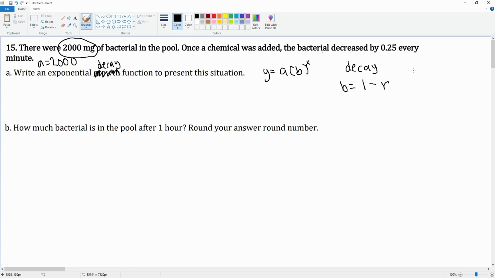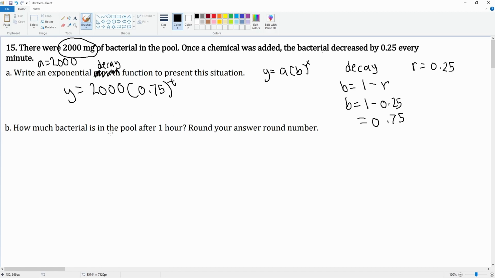We just need to know what r is. R, it is 0.25. Okay, so b is equal to 1 minus 0.25, which is just 0.75. That's it. So y is equal to 2,000 parentheses 0.75 to the t for time.